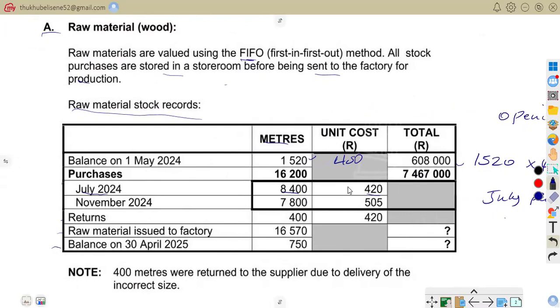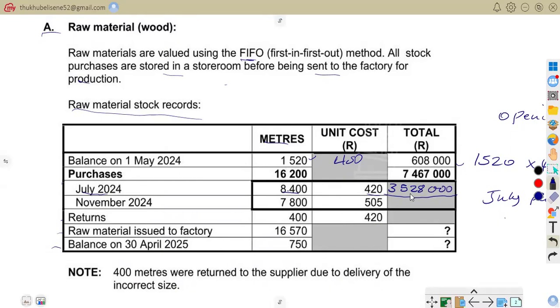So meaning we're going to multiply this 8,400 by 420, and then we are going to get 3,528,000.